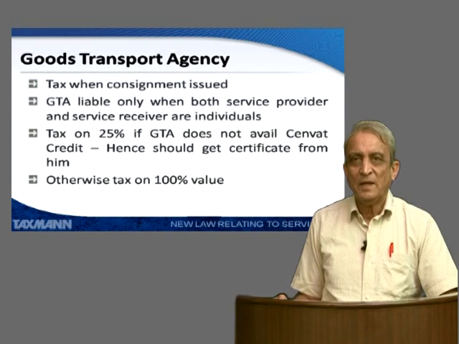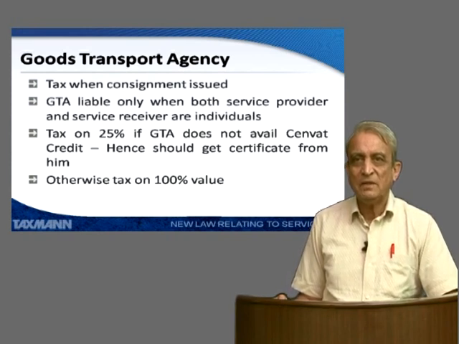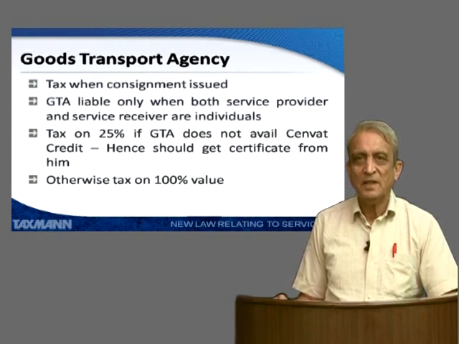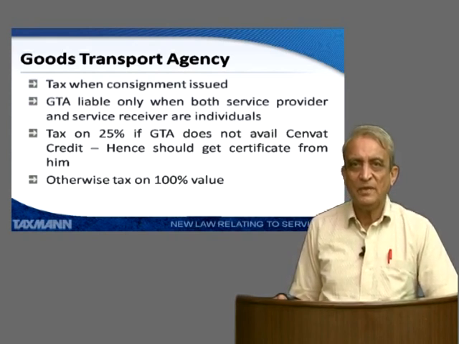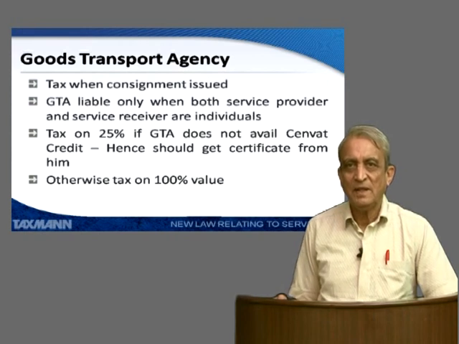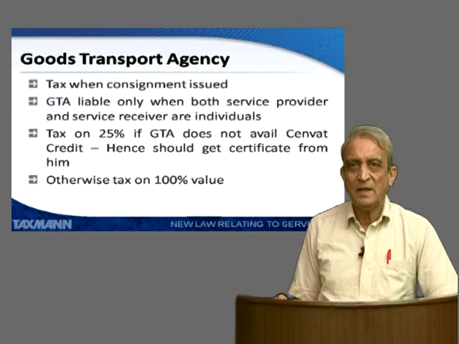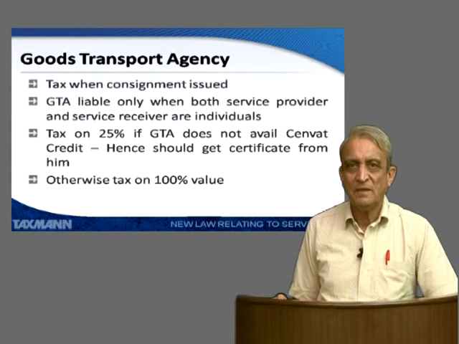Thus, the GTA service is not at all eligible for Cenvat credit, and the goods transport agency, even if it wants to, cannot avail the Cenvat credit in view of the specific definition in the Cenvat credit rules. However, this meaningless and harassment-prone provision has been introduced and all assessees have to live with it.